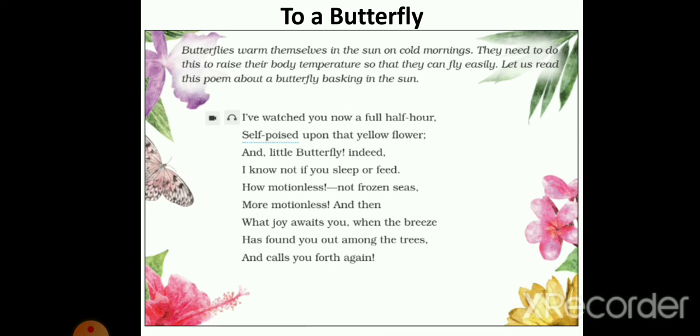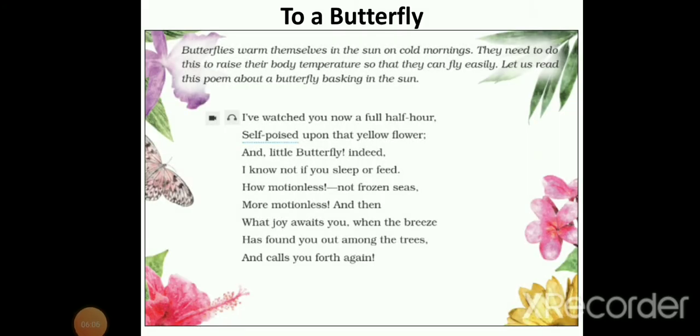When a butterfly sits on a flower, normally you will see that it is not moving at all. What does unbroken stillness mean? Like a statue, it is just sitting on that yellow flower without moving.